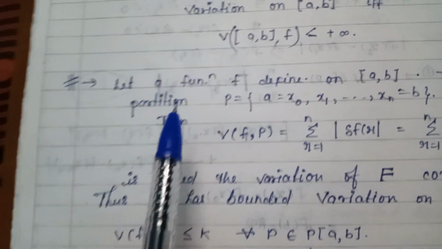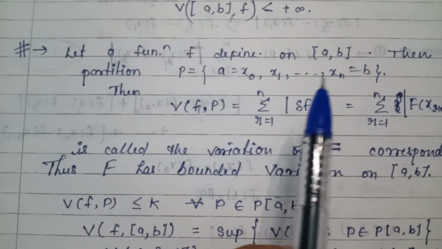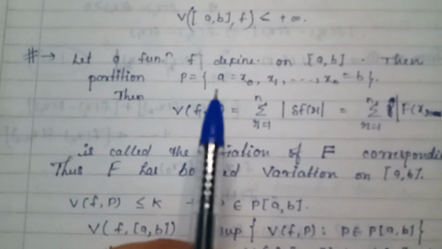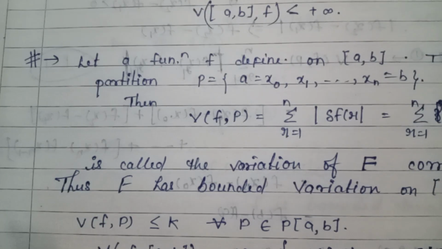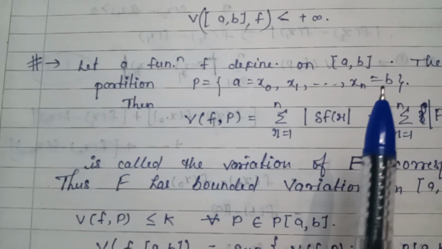Now there's an example. Let f be a function defined on the closed interval [a, b], with partition P = {a = x0, x1, and so on, xn = b}.